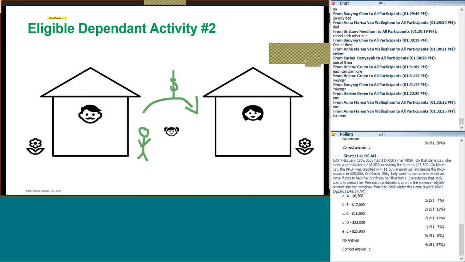And if I had 3 kids, still just 1 in this case. If I had 3 kids and no support, it would be 1 claim each, because you can't have more than 1 eligible dependent. Are there any questions about these scenarios? I've got one more that I want to show you.